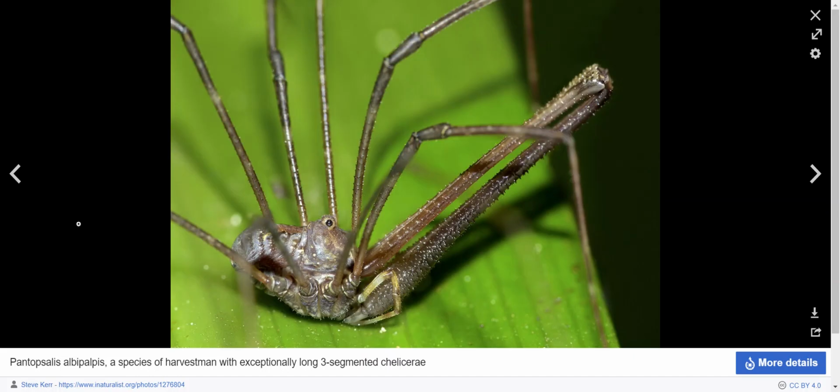You look funny. Pantopsalis, a species of harvestman with exceptionally long three-segmented chelicerae. Okay, then I suppose this is 1, 2, and then 3 is the claw. That is exceptional. I would see that in a nightmare, but like the size of a building.